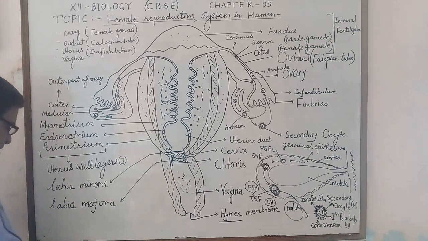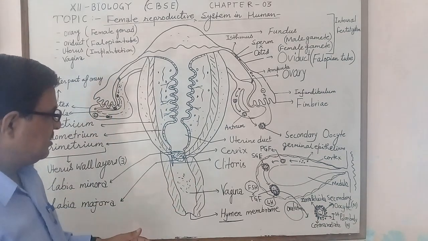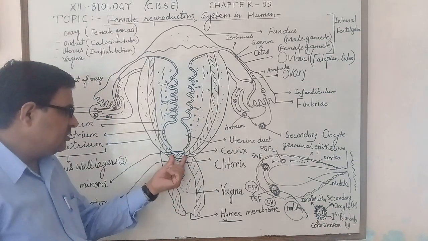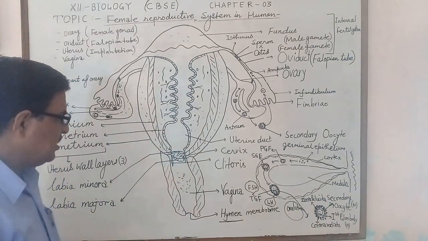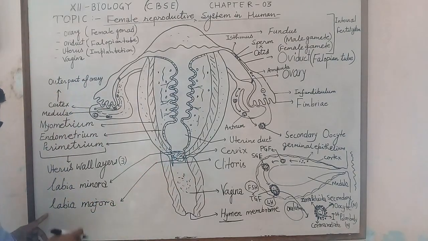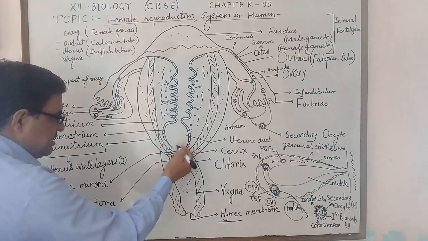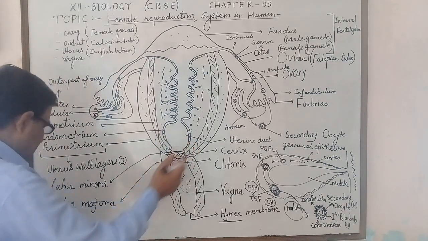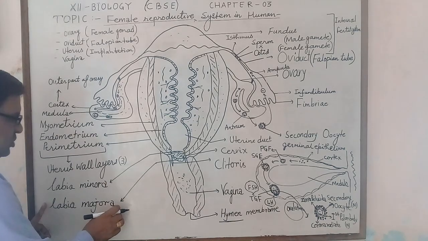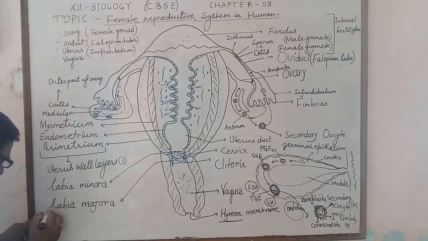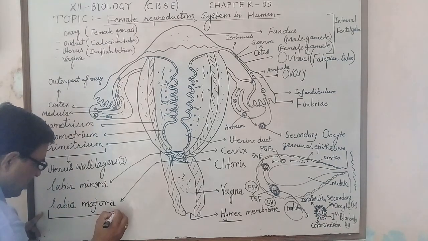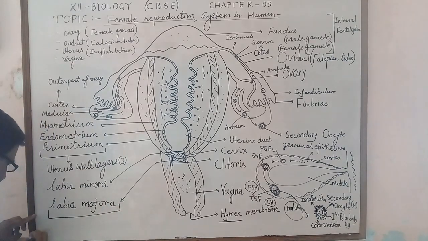So this is called insemination. The outer part is called the labia majora, and the inner side is covered by the labia minora. These labia minora and labia majora are folds of skin.